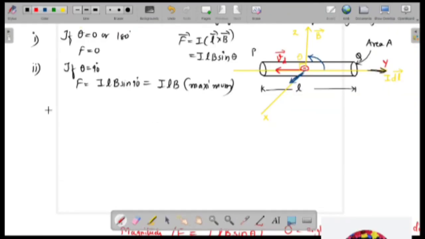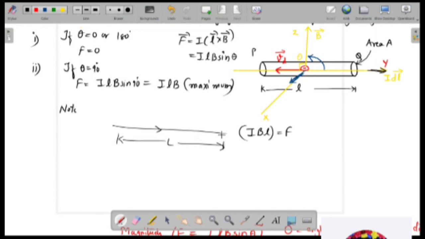One thing you can note over here is that supposing you have a current carrying conductor placed in a magnetic field, there will be magnetic force acting on this conductor. That magnetic force is I B L or I L B. So a wire of length L can be made to float in the magnetic field.